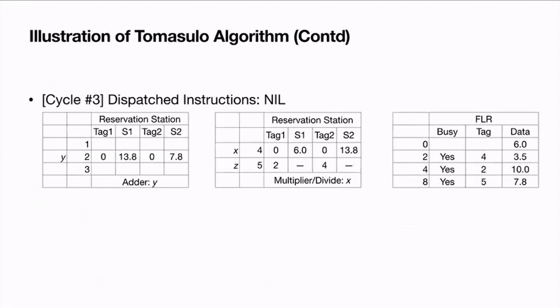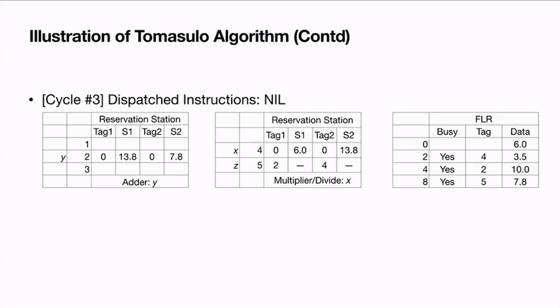Now the second entry in the adder reservation station, you can see the tag 1 now is becoming 0, and the source field is now 13.8, which is the added value of the previous add instruction. And similarly, in the fourth entry of the multiplier reservation station, the second tag is now 0 and the data field is 13.8.